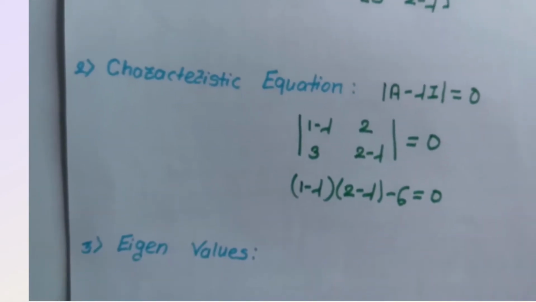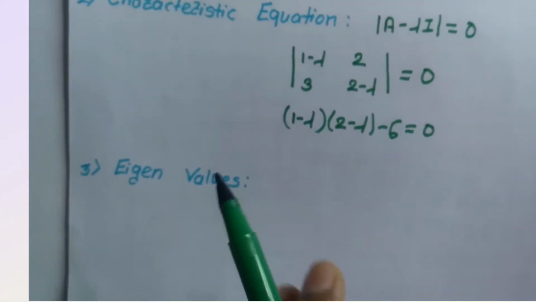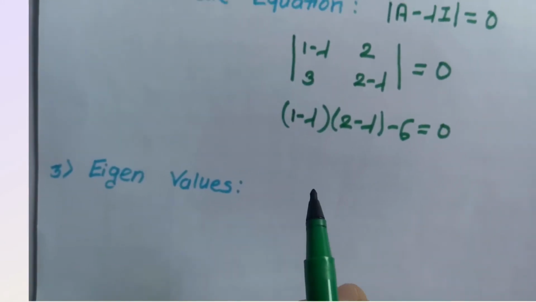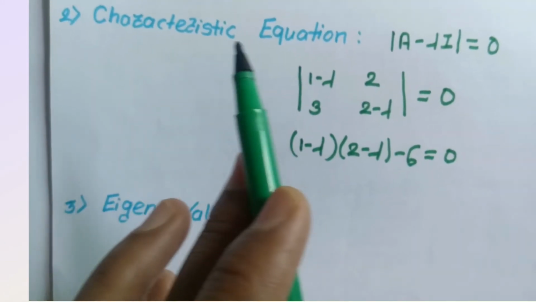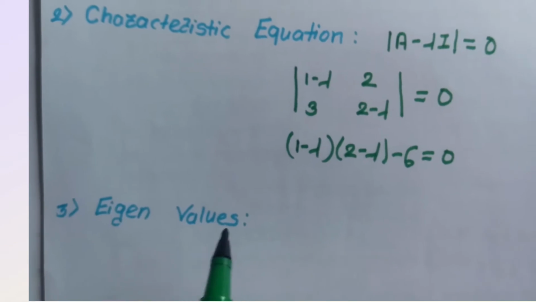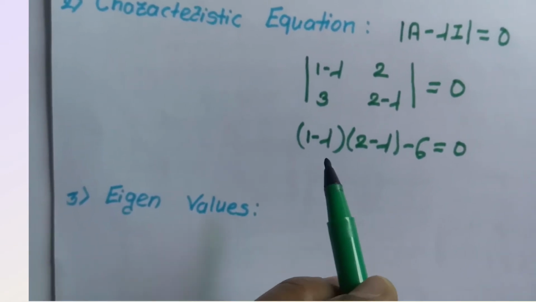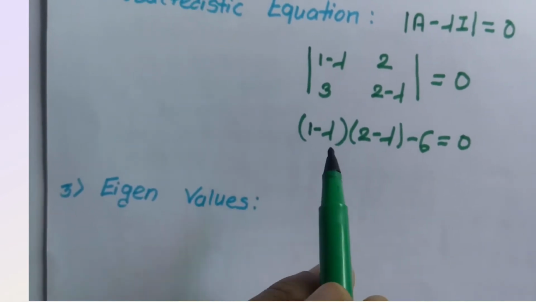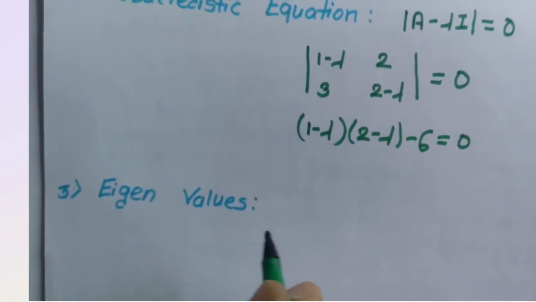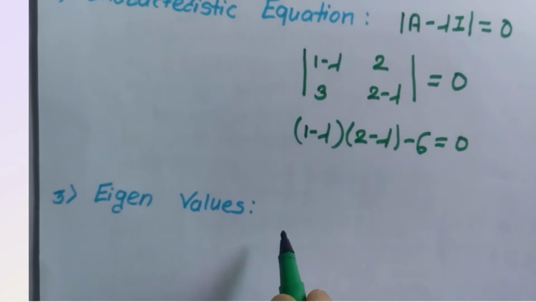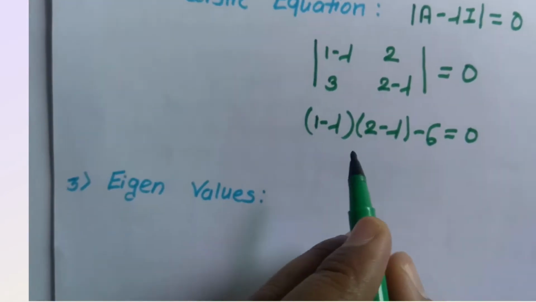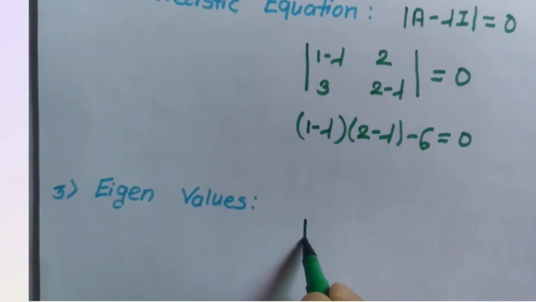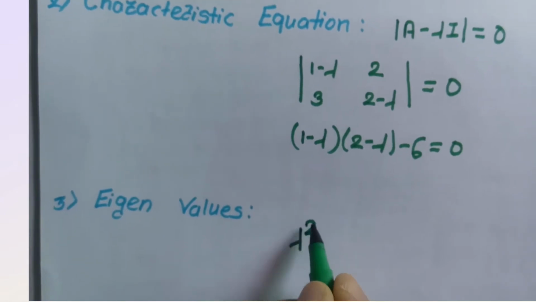Now we see what is meant by eigenvalue. The definition of eigenvalues is simply that the roots of the characteristic equation are nothing but eigenvalues. If we solve for the roots of this equation, we get the values of lambda, and these values of lambda are the eigenvalues.